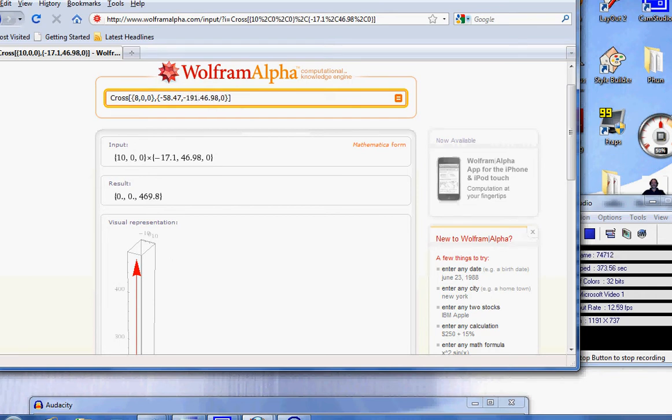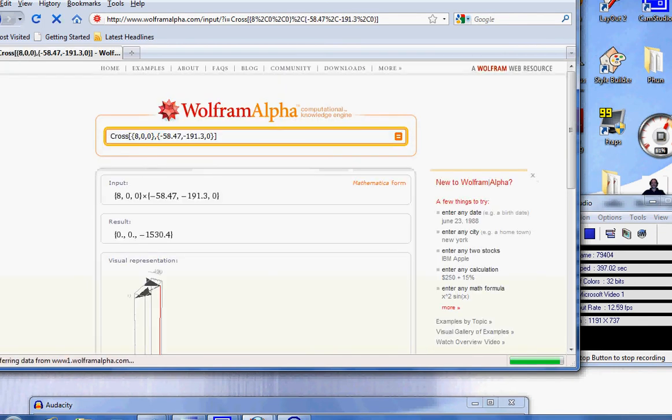In this, I would find the justification, next year, to have everyone get an iPod Touch, because this is available on an iPod along with many other things for something like 49 bucks. So this is my third vector calculation, giving 0, 0, minus 1530.4. The problem, as always with doing stuff like this, is that you can't see all your calculations out in front of you.